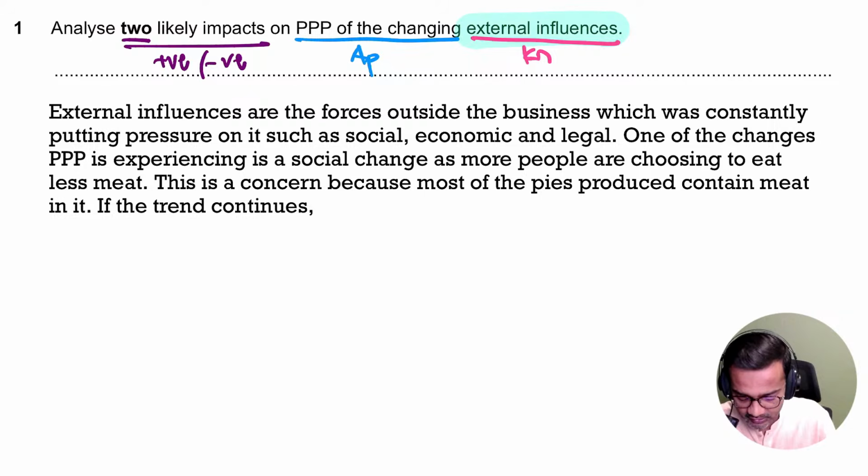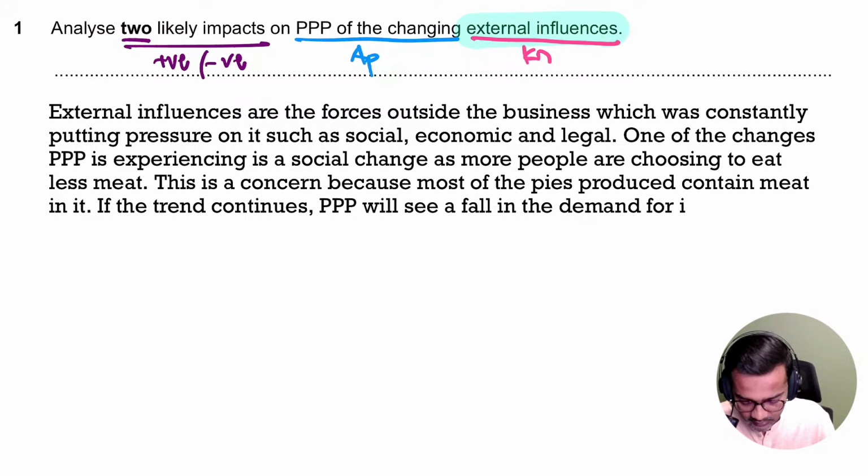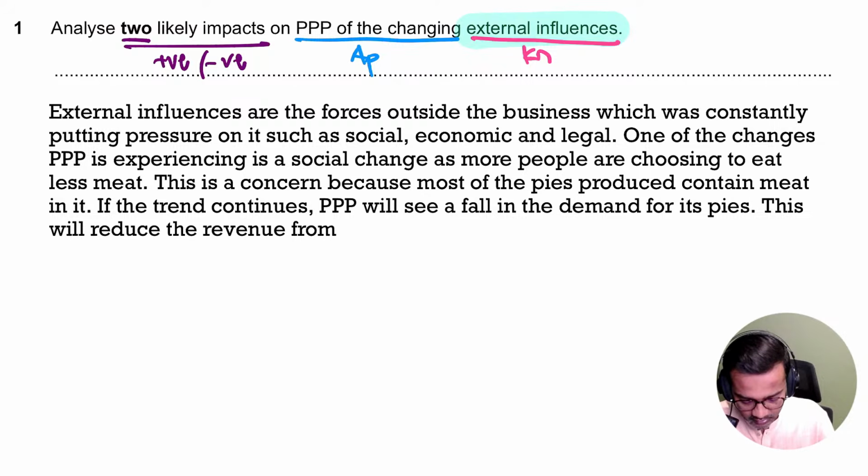So this is a concern because most of the pies produced contain meat in it. If the trend continues, PPP will see a fall in the demand for its pies. This will reduce the revenue from the 15 million earned last year.